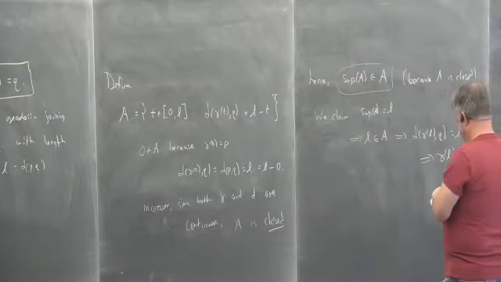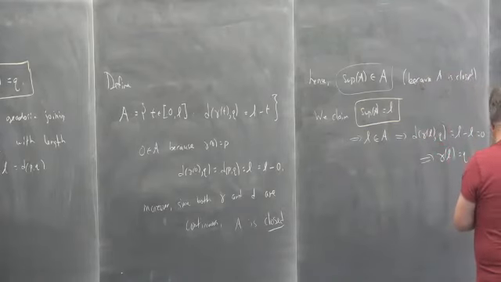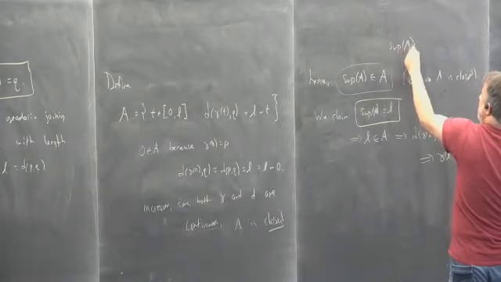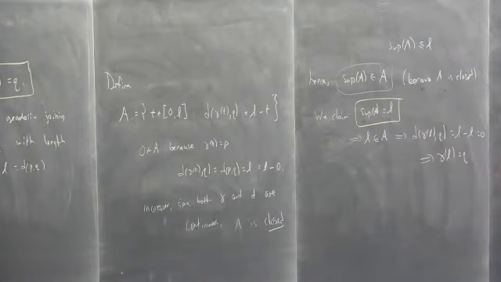Okay, so we've reduced it to showing that the supremum of this set is L. And we know the supremum is less than or equal to L, right? Because everything in A is less than or equal to L. So we just have to show that it can't be less than L.